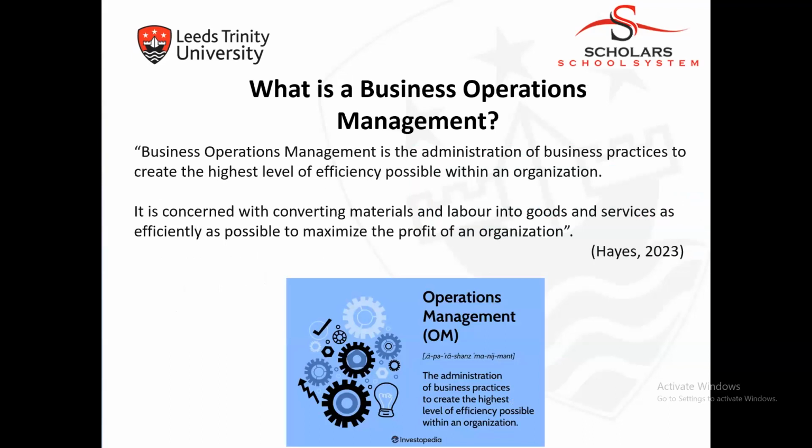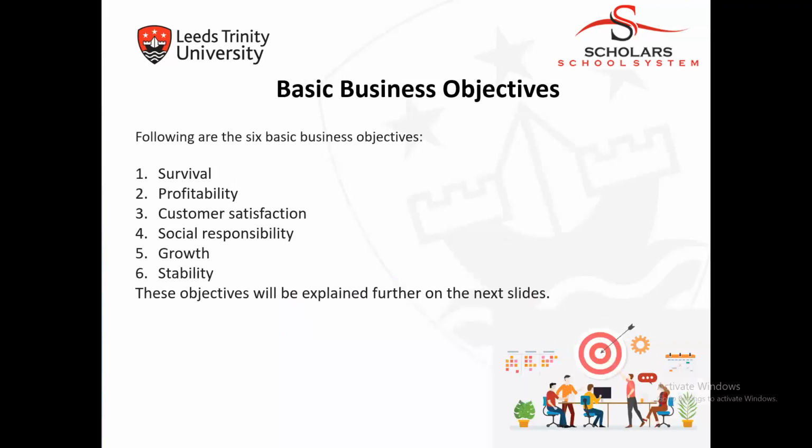So we studied that business operations management is the administration of business practices to create the highest level of efficiency possible within an organization, and that it is concerned with converting material and labor into goods and services as efficiently as possible to maximize the profit of an organization. So we discussed some definitions like these and tried to understand these during the entire lecture.